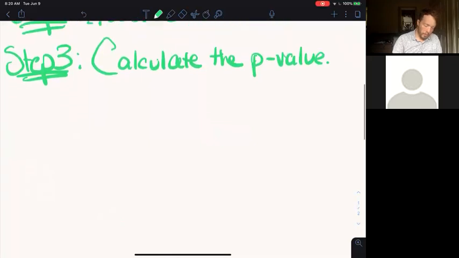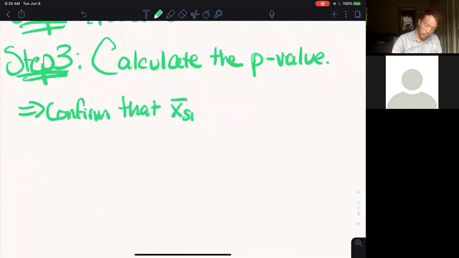So let's do what I just said. Let's confirm that X bar smoke and X bar non-smoke are normally distributed.